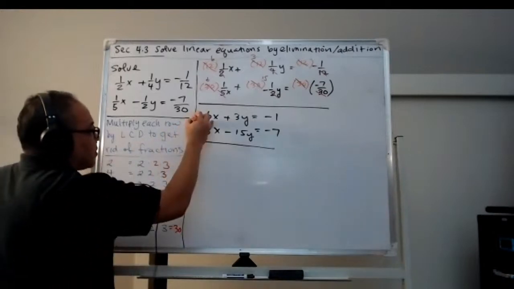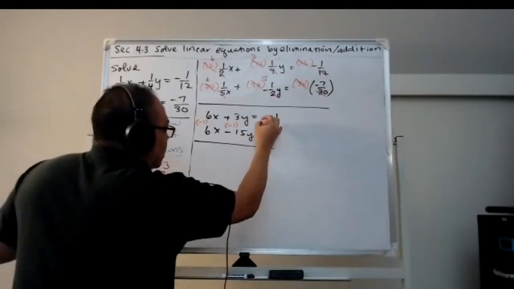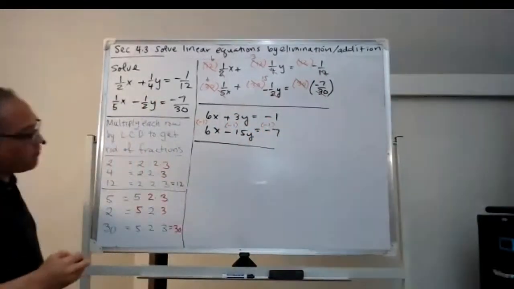Okay, so multiply this one by -1, this one by -1, this one by -1. You should be getting a fraction as an answer.